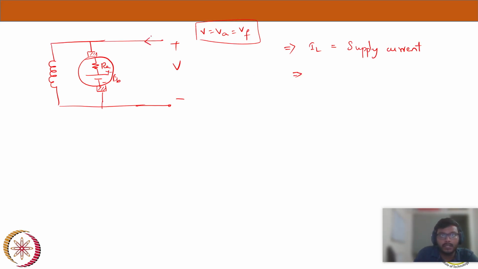My total machine is drawing IL from the supply, and part of the current will go through the armature, which is IA, and the remaining part of the current will go to the field, that is IF. Now IL is equal to IA plus IF, simple KCL.